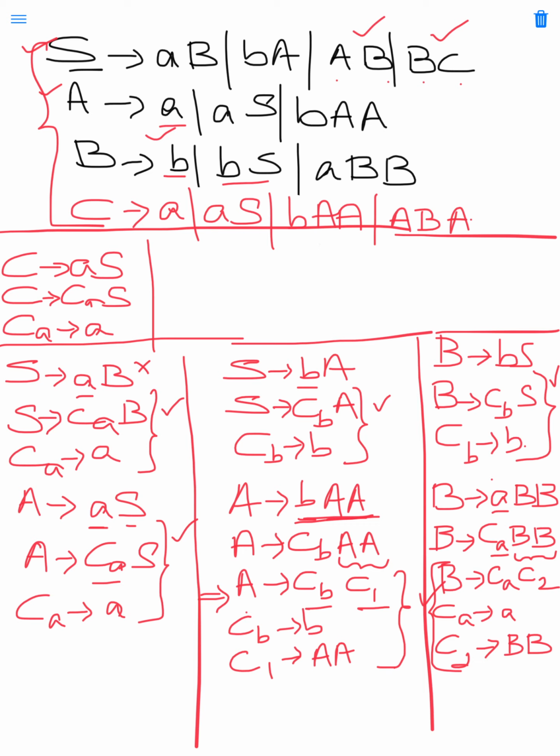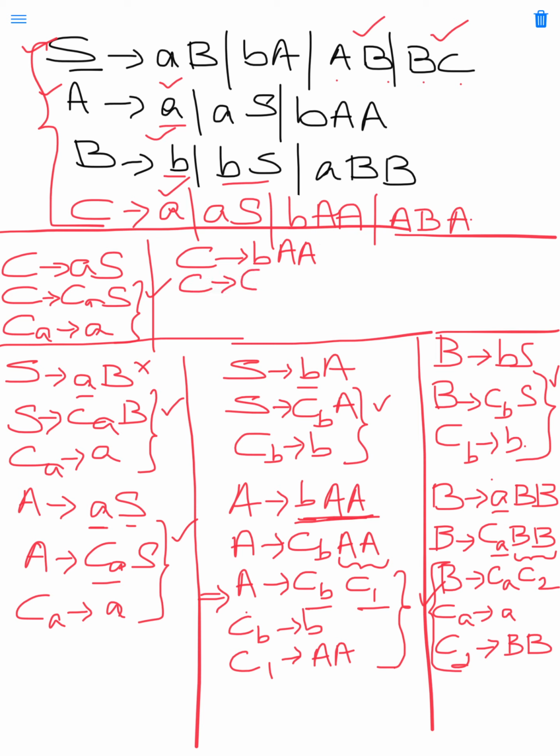Okay, then this can be taken. Then C gives bAA. How can it be written?